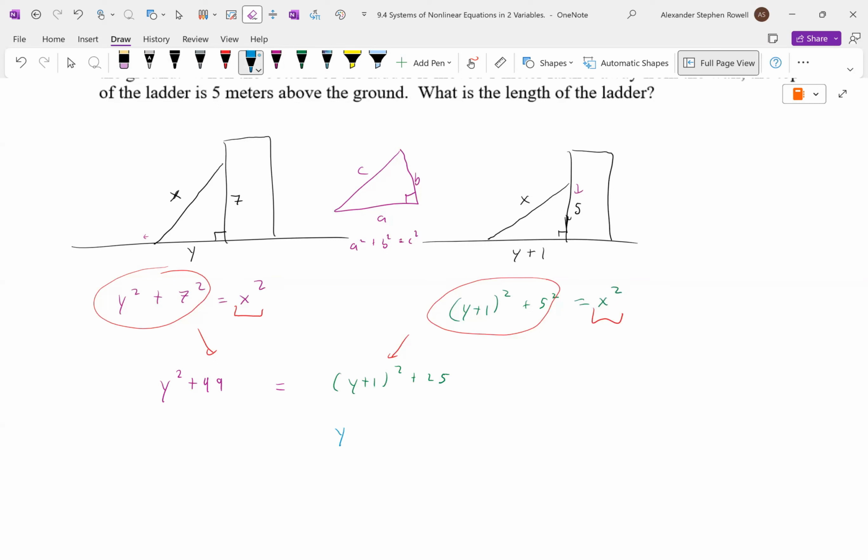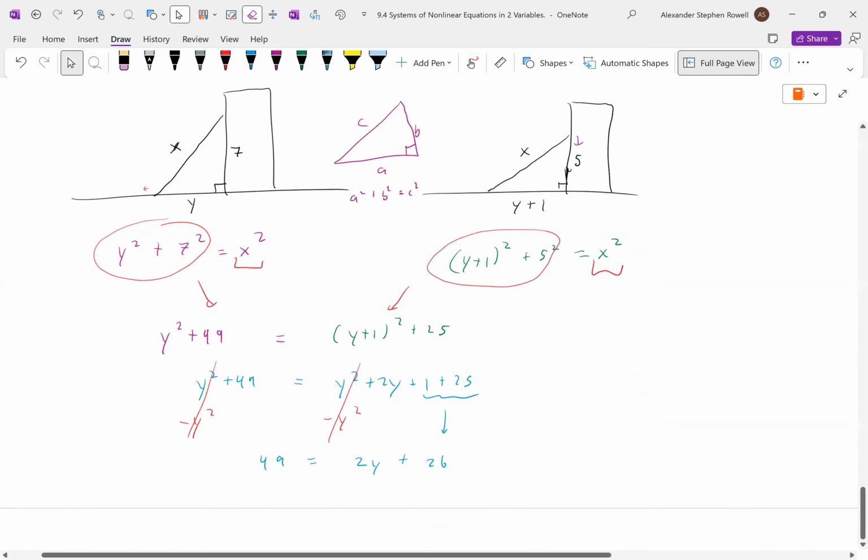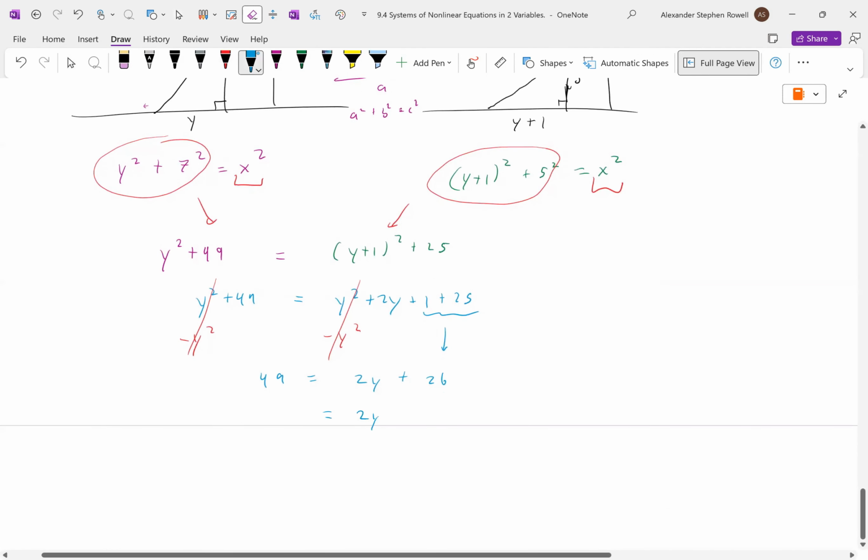So I'm going to FOIL: y squared plus 2y plus 1 plus 25 is equal to y squared plus 49. Let's subtract y squared from both sides. 49 is equal to 2y plus 26. We'll subtract 26 from both sides and get 2y is equal to 23. And divide by 2. y is equal to 23 over 2.